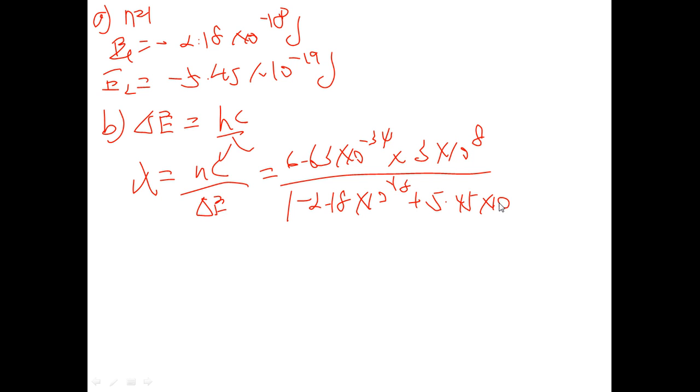Okay, so negative 18, sorry, 19. This is 19 being converted. So my lambda here should be 1.22 times 10 to the power negative 7 meters.